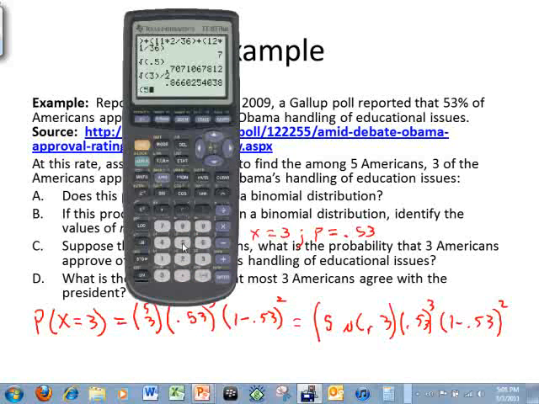So open bracket 5, math, PRB, menu option 3.